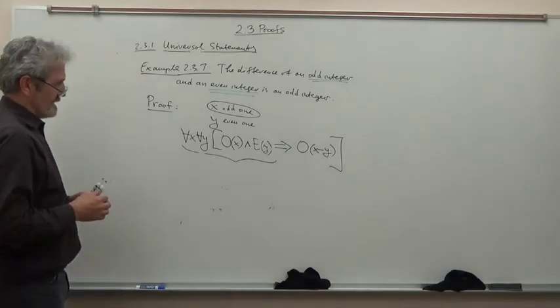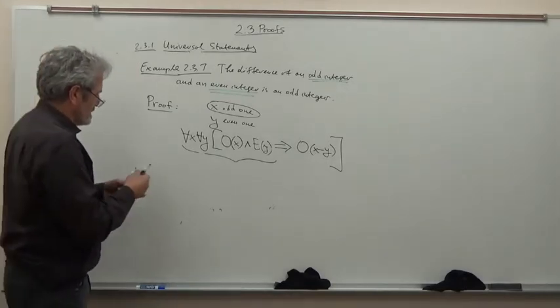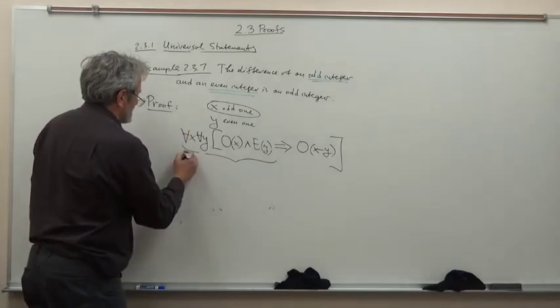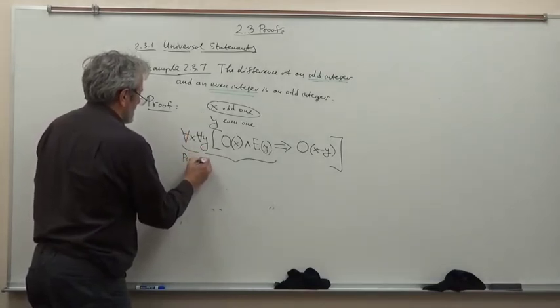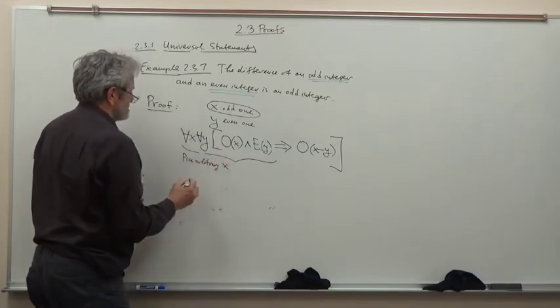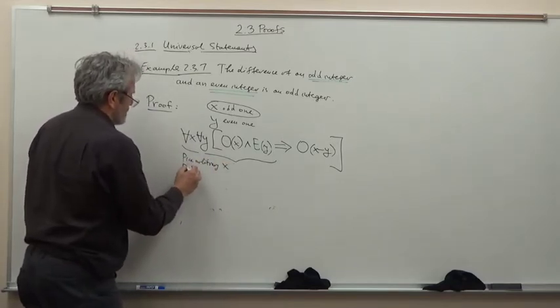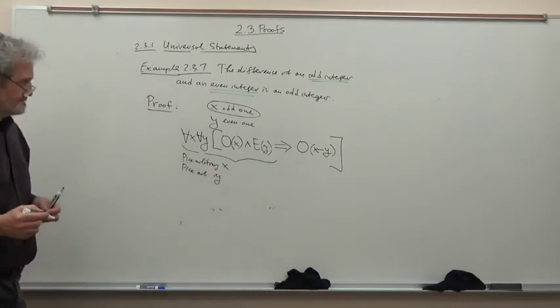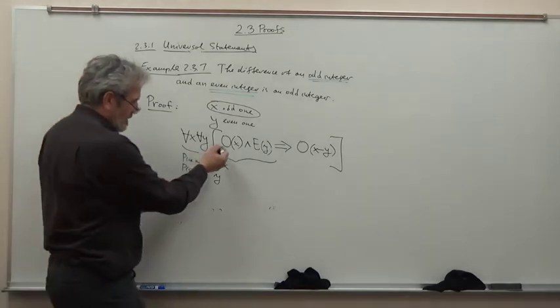Anyway, how do we prove that? We say the following. For every x, so pick arbitrary x. And pick arbitrary y. And then what do we assume about them?